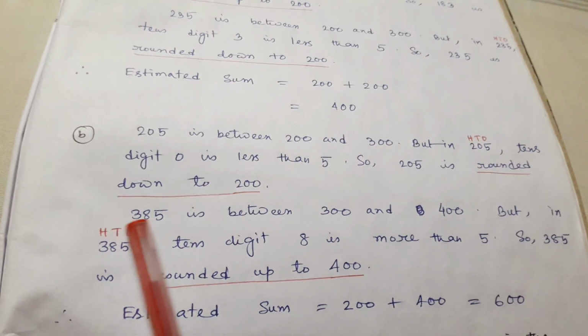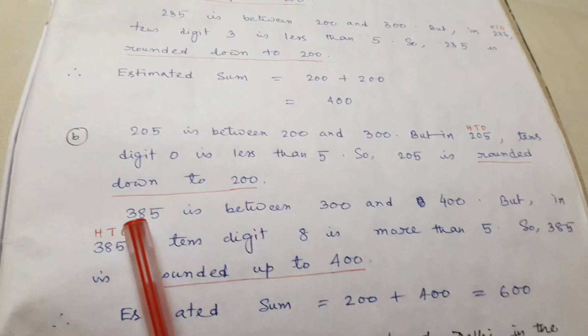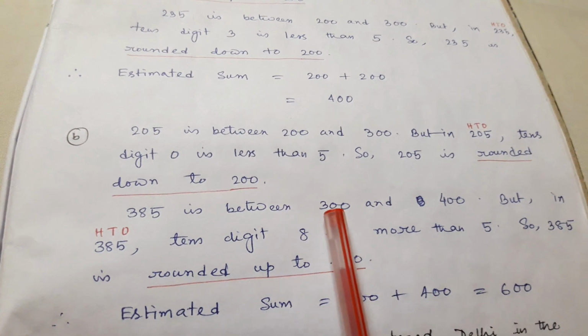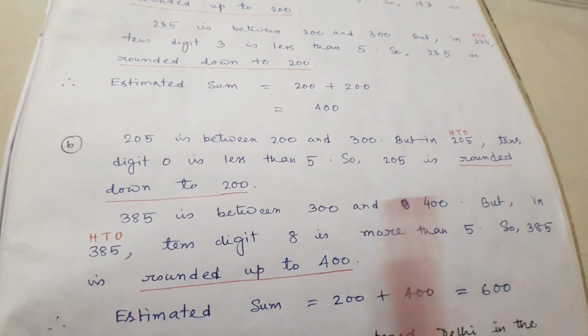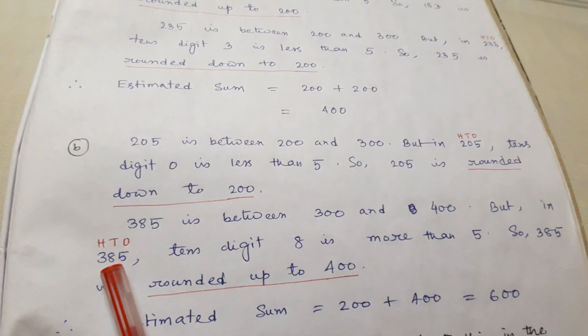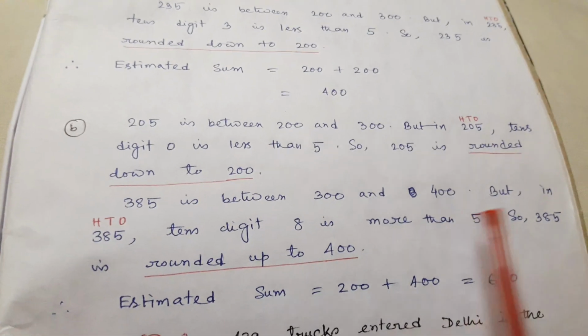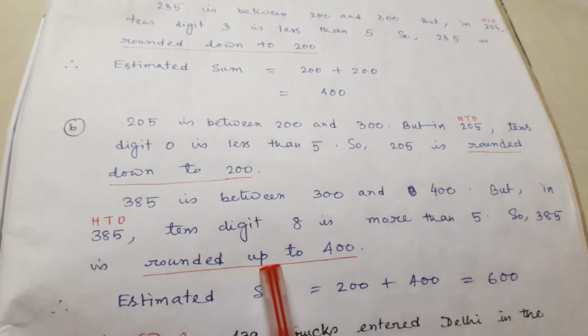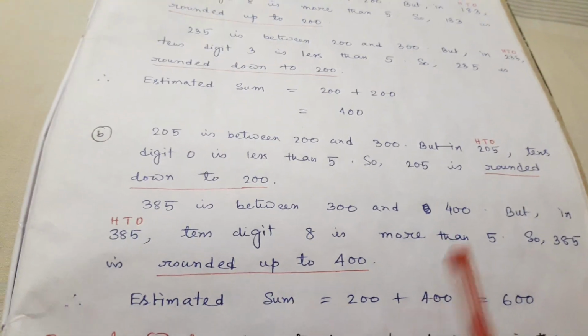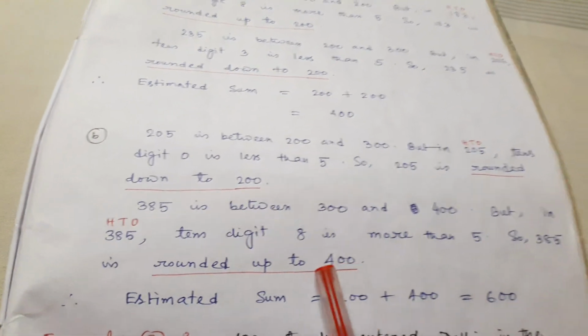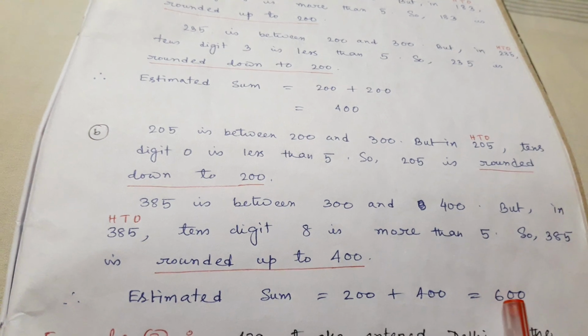Now the next number is 385 and its nearest 100 multiples are 300 and 400. In 385 the tens digit is 8, which is more than 5. So 385 is rounded up to 400, and the estimated sum will be 200 plus 400, which is equal to 600.